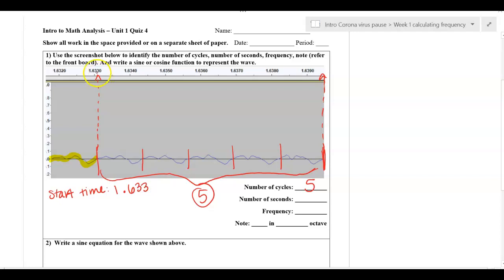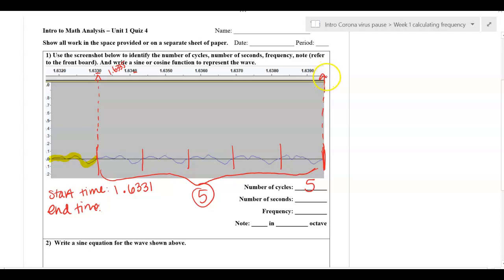And then I got to look at the scale. So this is like 30, this is like 40. So this one in between would be like 35. So I think that's like 30. That's probably like 31.